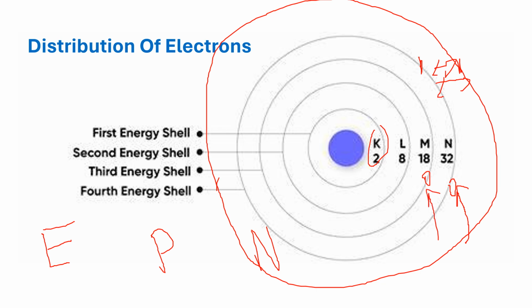Then this electron jumps into the valence band, and from the valence band it jumps into the conduction band. The electron present in the conduction band is called a free electron, or a movable or mobile electron.